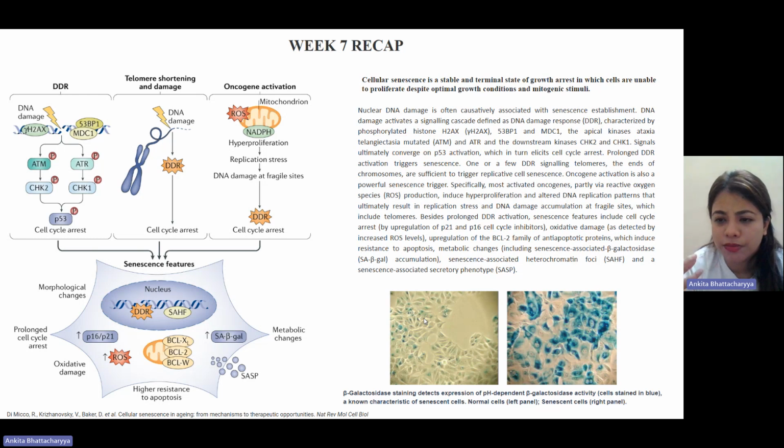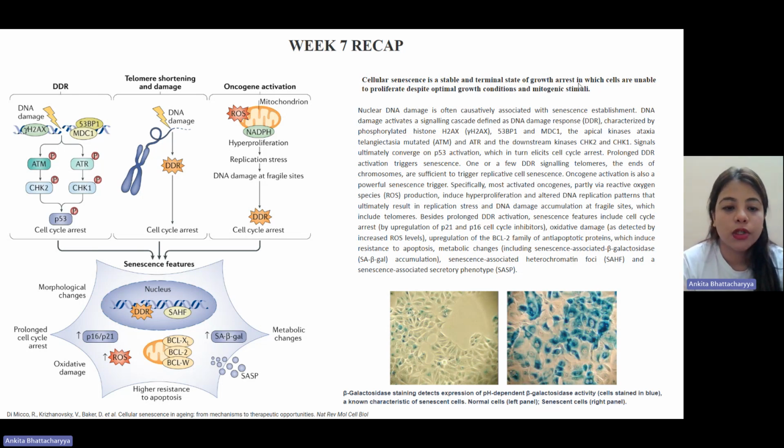It is a staining or colorimetric assay to detect cells that have upregulated beta-galactosidase activity, and you can see that in senescent cells, there is significant upregulation and accumulation of this particular enzyme, and that is the easiest marker to detect the same.